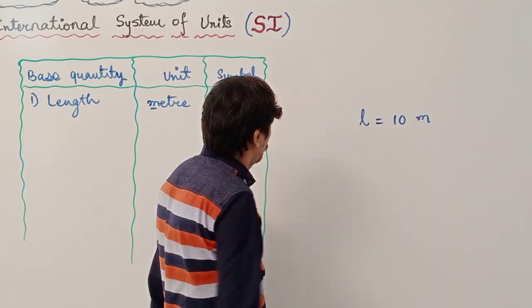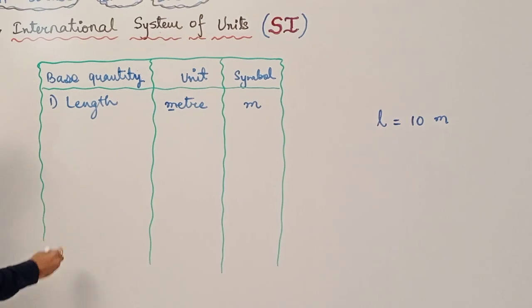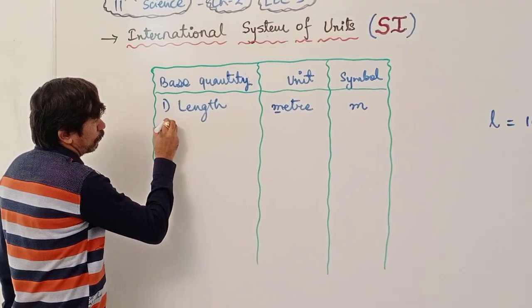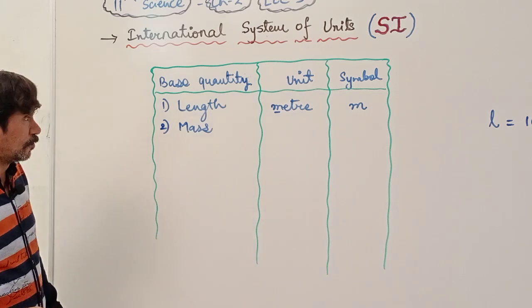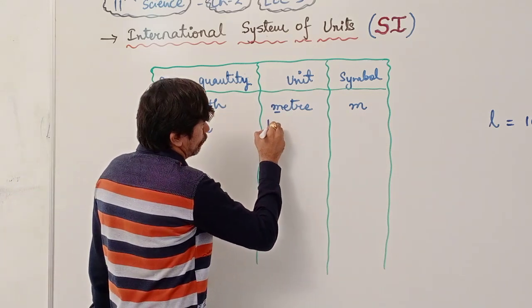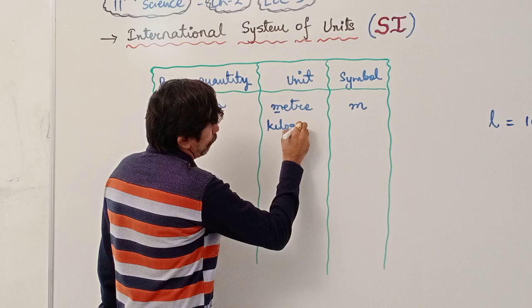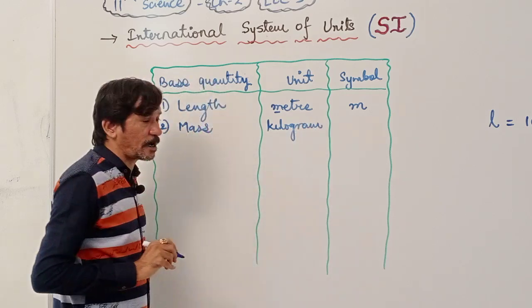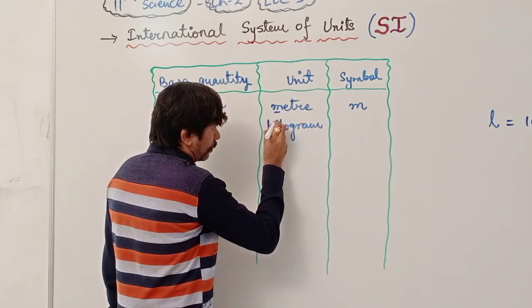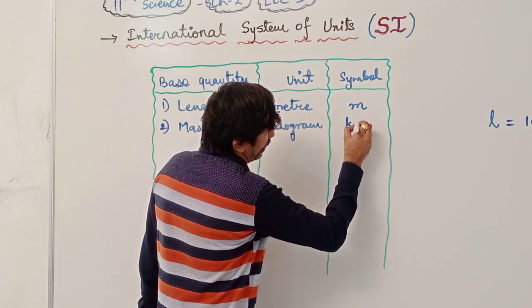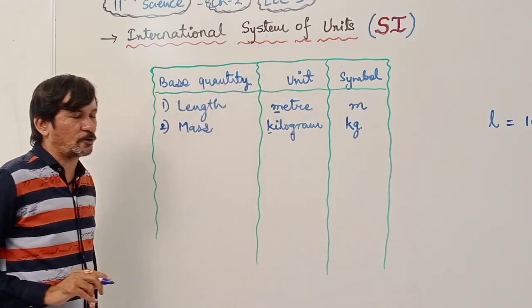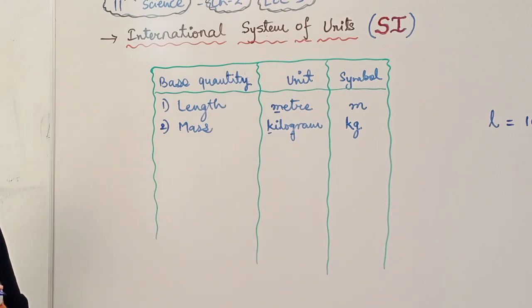Come on. Physical quantity number 2, mass. As you know, mass is measured in kilogram. The symbol is kg, small k, small g, both small letters.